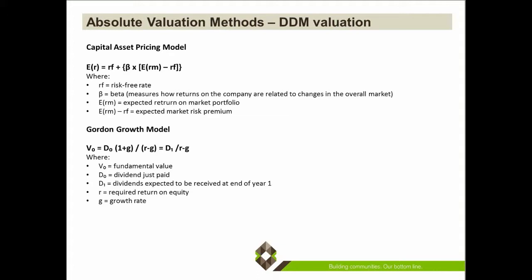So that gives us the capital asset pricing model. From there, we can slot in our required return for our Gordon growth model. So we say the value of a company is equal to the dividend it just paid times 1 plus the growth rate, which is the growth rate of the company that we're expecting, divided by the required rate of return minus the growth rate.